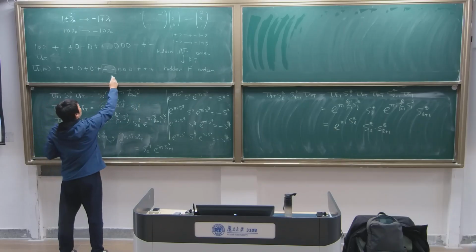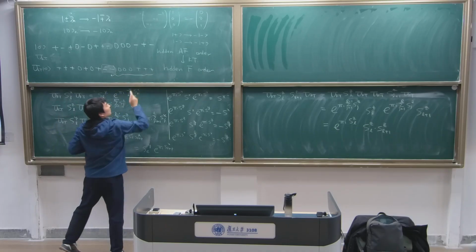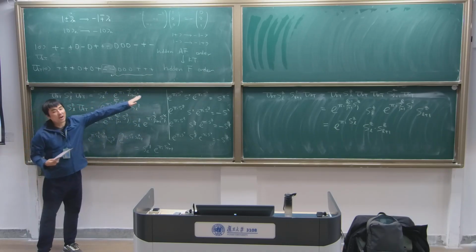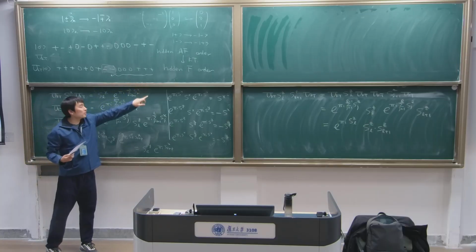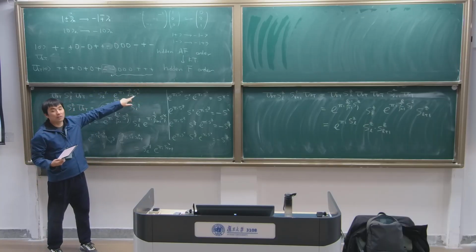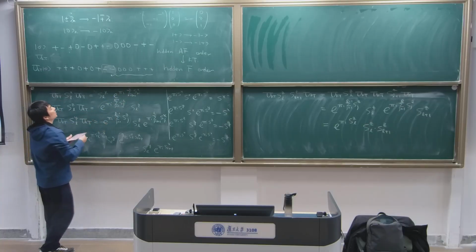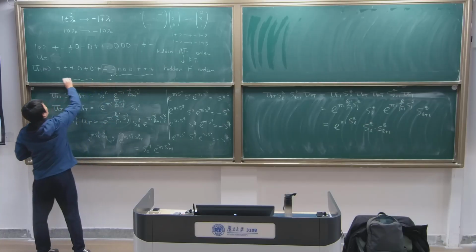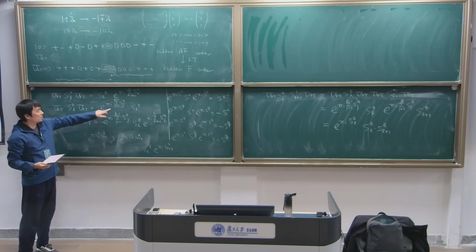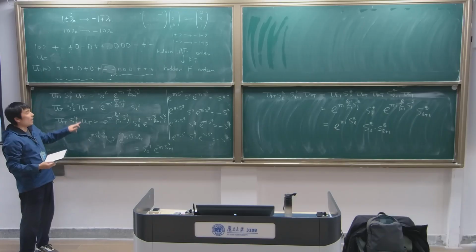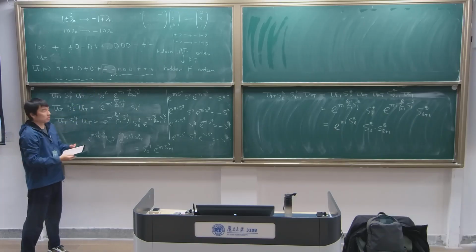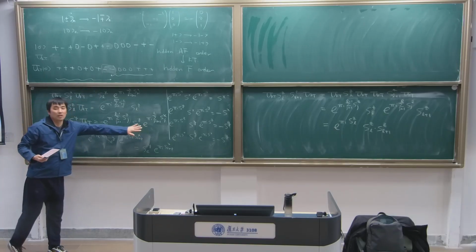For S^x you have a string that moves to the right, and this non-local operator moves to the right because k now runs from L plus 1 to capital L. On the other hand, for S^z, the string moves to the left because j is running from 1 to L plus 1. For S^y, you have both, this term and this term.